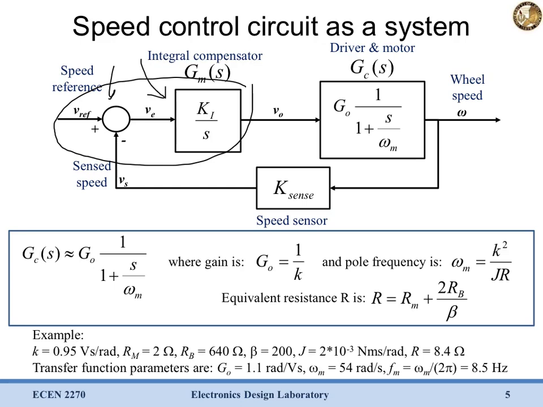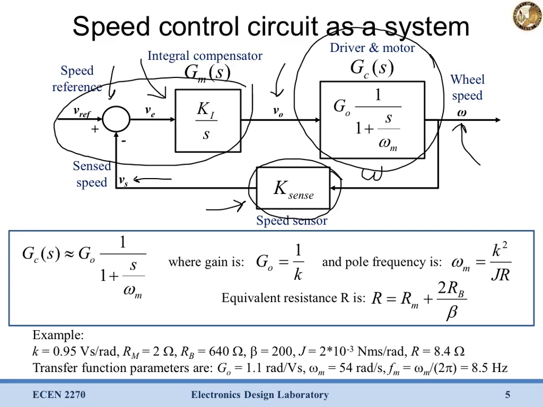Our speed sensor became a simple gain block, such that omega multiplied by k sense equals Vs, where this k sense was dependent on our T on time that we designed with our 555 speed sensor circuit. And finally, we had a block for the transfer function of the motor and its driver. This transfer function takes a voltage VO and generates some wheel speed omega.